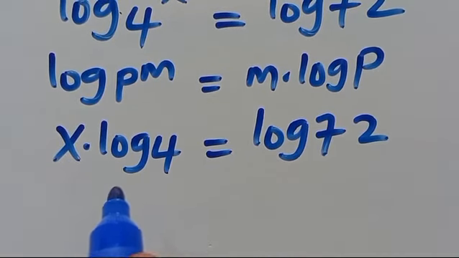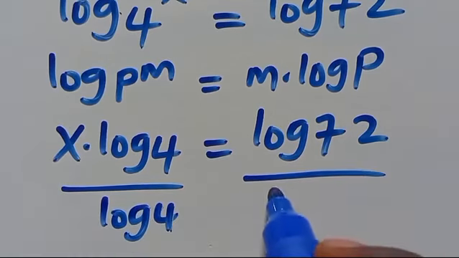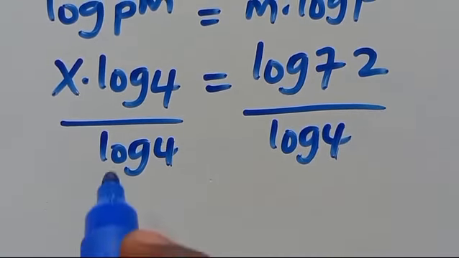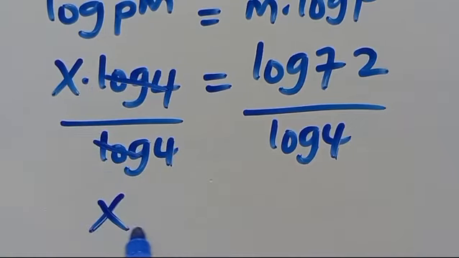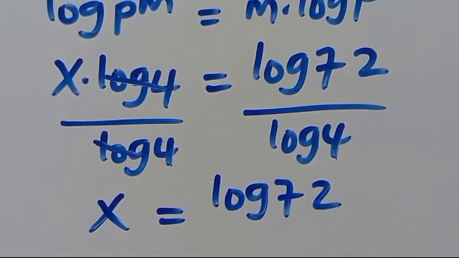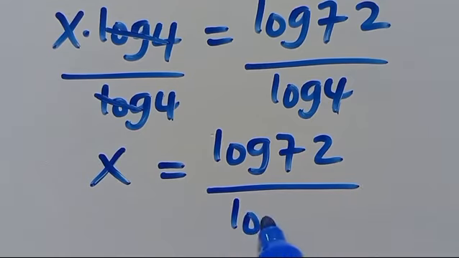Divided through by the coefficient of x, which is log 4, we cancel out, and we have x equals log 72 over log 4.